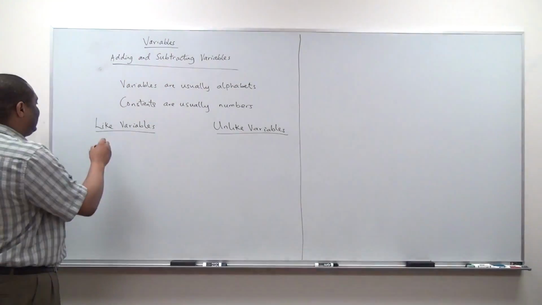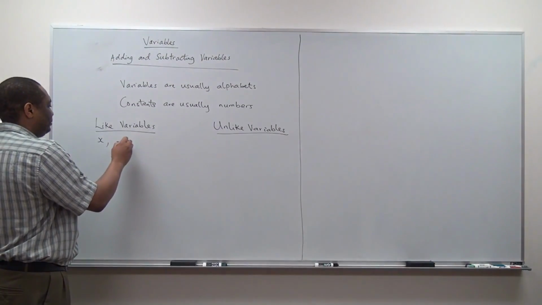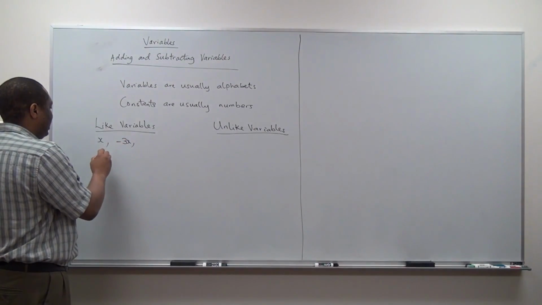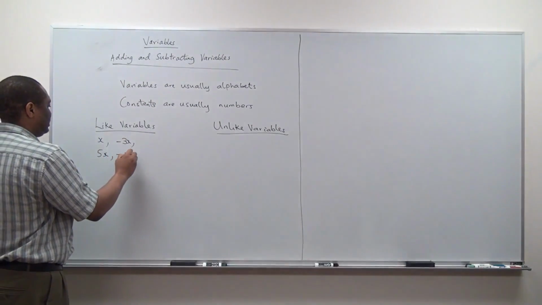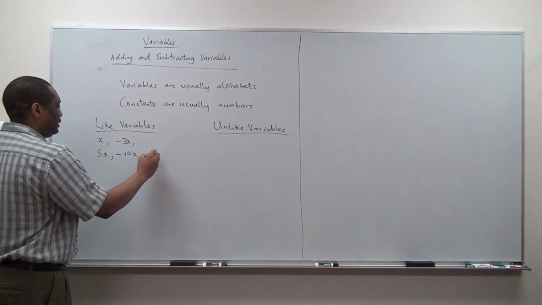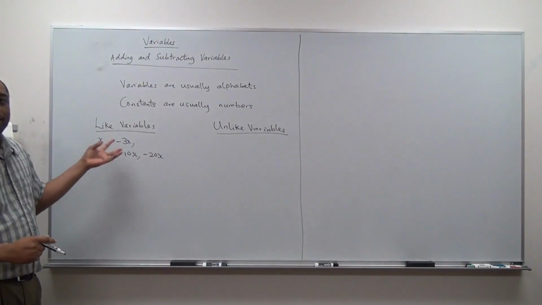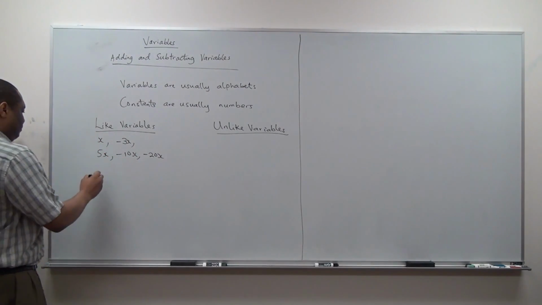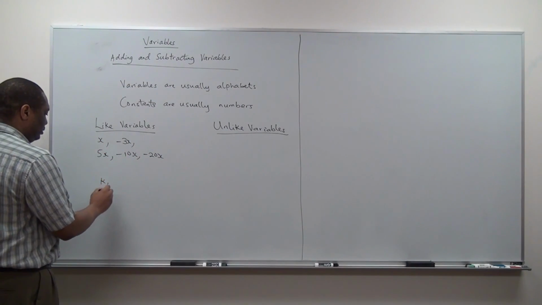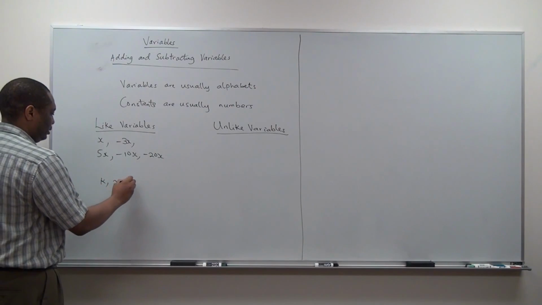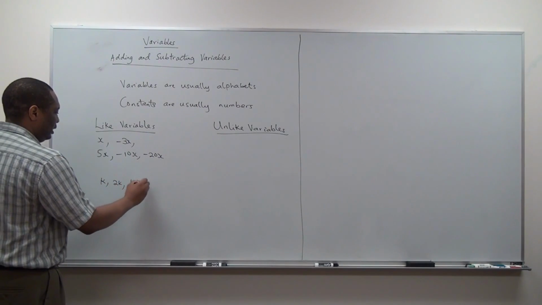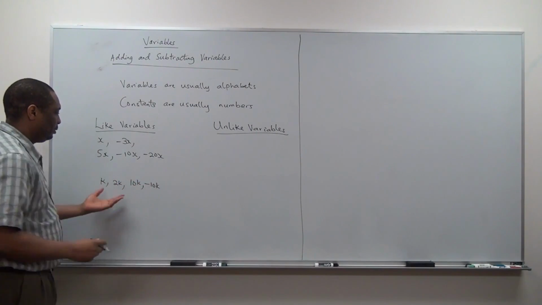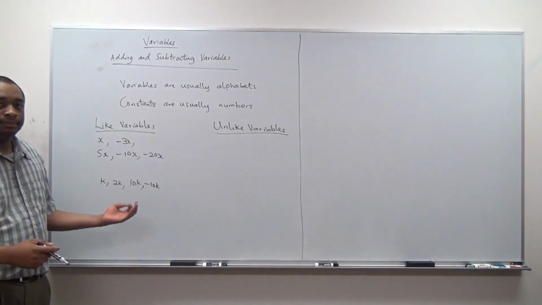Like if you have x, negative 3x, 5x, negative 10x, negative 20x, all these are like variables. If you have k, 2k, 10k, negative 10k, these are like variables.